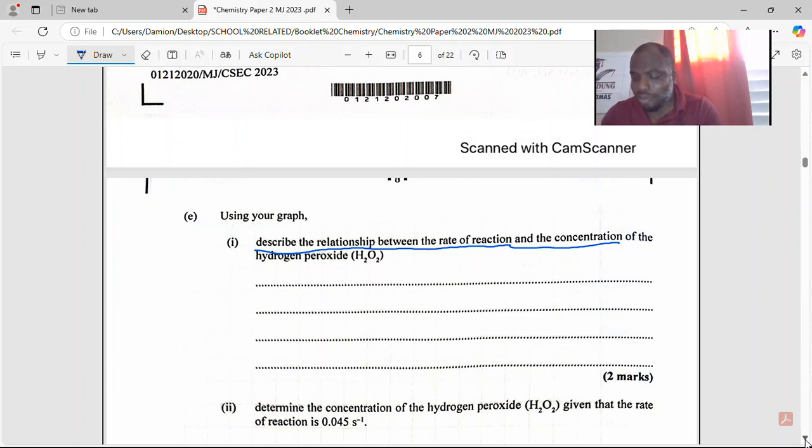So break it down. Sir, as the rate of reaction increases, the concentration also increases. And I want you to put it the other way. Just rephrase it the other way because we were changing the concentration. So speak from the point of view of the concentration. As the concentration increases, the rate of reaction also increases. Beautiful.